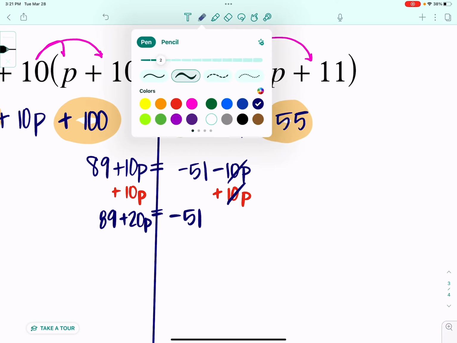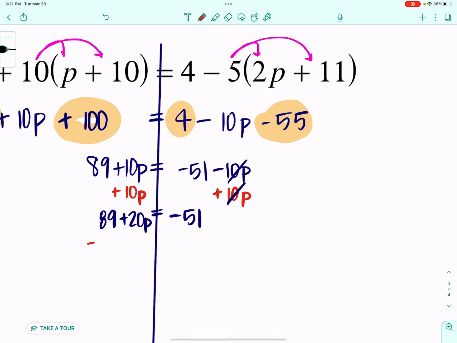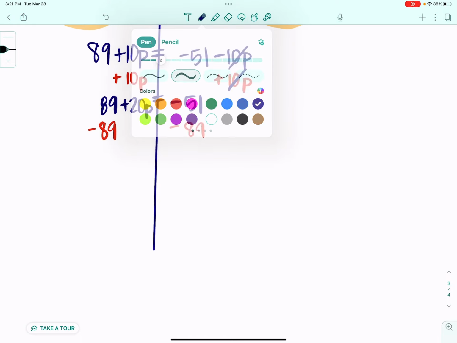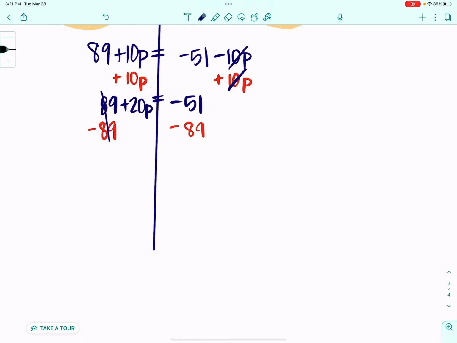Now I need the p by itself. So I'm going to subtract 89. And I'm going to do it on both sides because if I do it on one, I do have to do it on the other. Otherwise, I will not maintain my equality status. 89 minus 89 is 0. I still have the positive 20p.